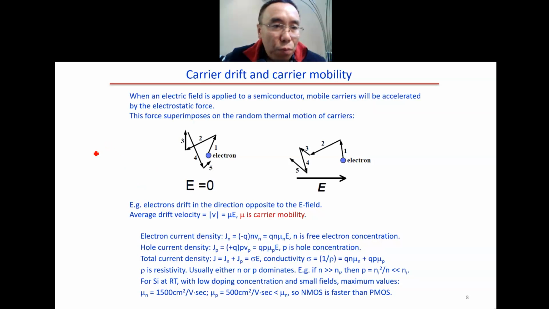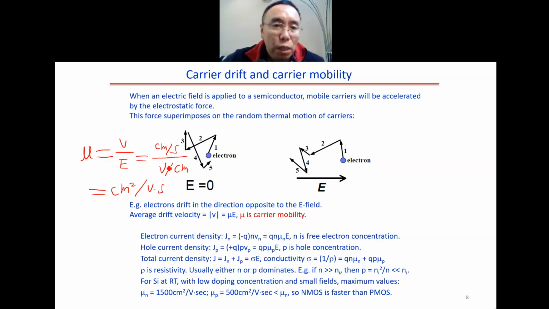Mu is equal to V divided by E. We know the speed is in centimeter per second, and the electrical field is volt per centimeter. So this gives you the unit of centimeter square per volt second. This is the unit for the mobility.